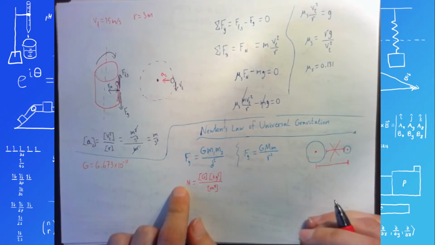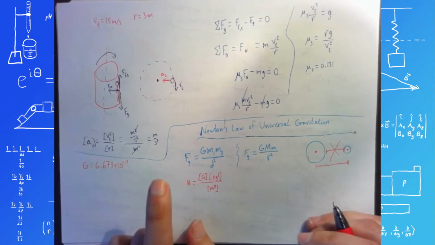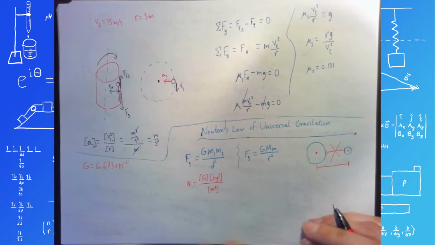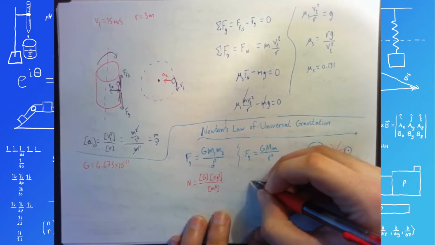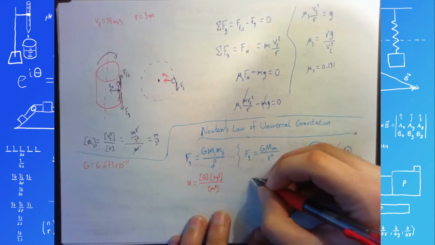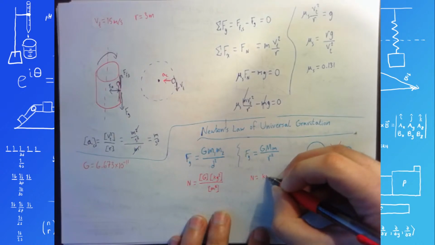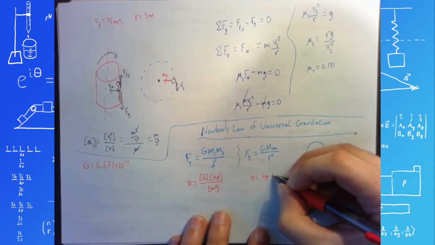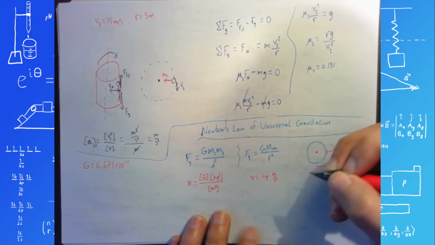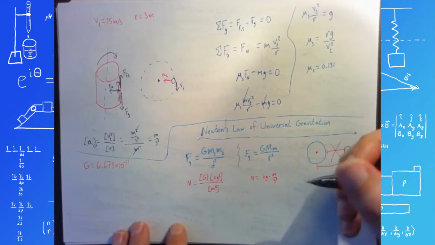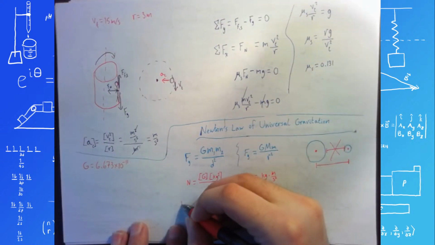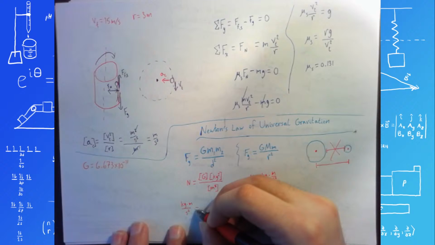And a newton is a kilogram meter per second squared, right? If you remember, for example, net force equals ma, you would have newtons equals m in kilograms times a in meters per second squared. So a newton is a kilogram meter per second squared.